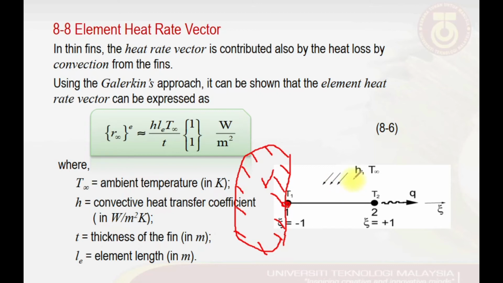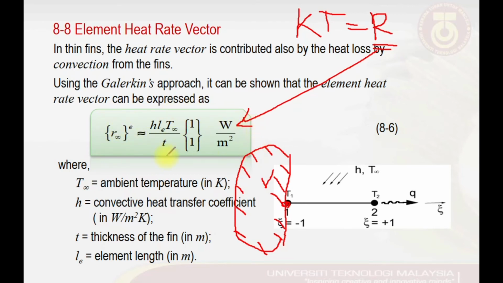So the convection heat transfer boundary condition is included in the system of linear equations, and it will reside on the right hand side of this equation where we have r here, and this will be given by equation A6, the element heat rate vector r infinity.